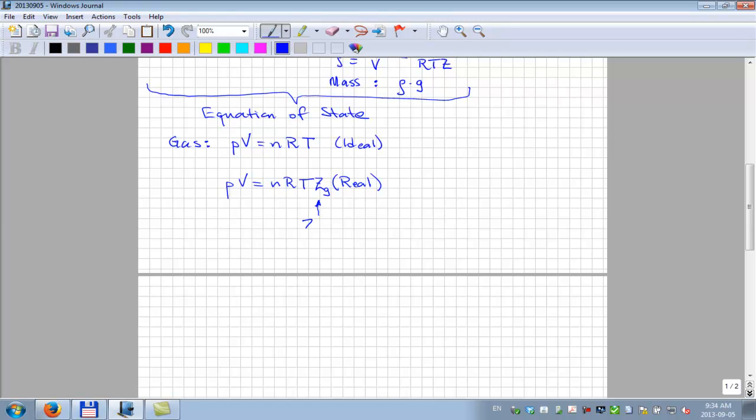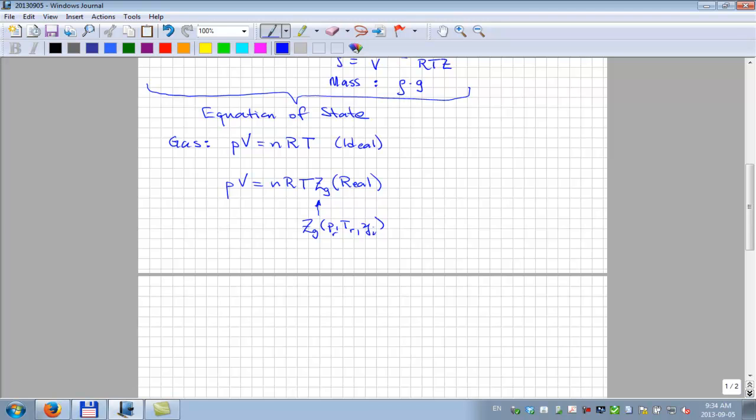Remember, this Zg is a function of reduced pressure, because of van der Waals corresponding states theory, reduced temperature, and in this case, since it's a gas, the gas composition. So we have a means to deal with gases.